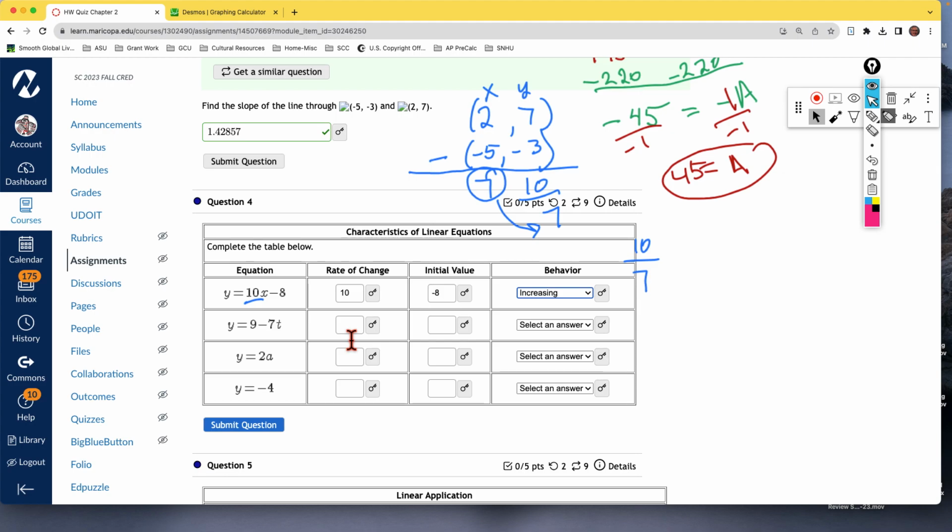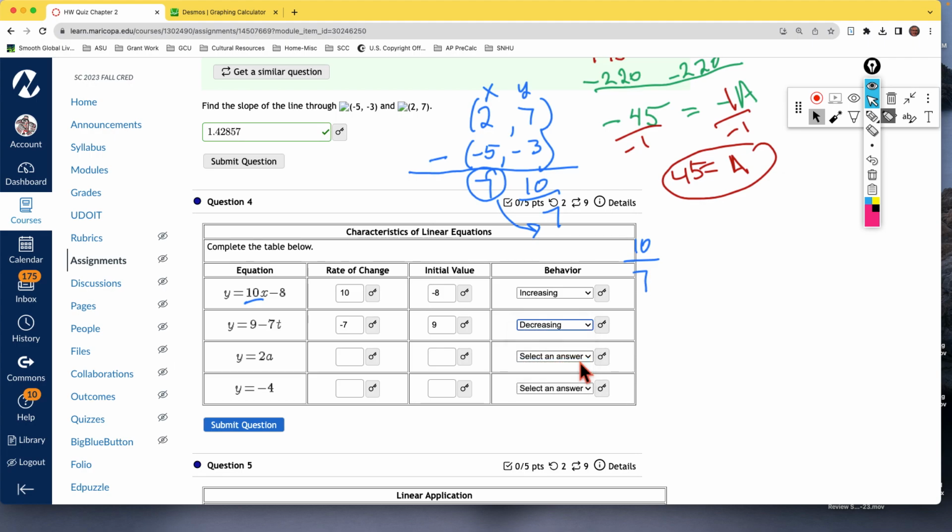So be careful, because oftentimes at the beginning people say it's always the first number. No, it's always the number in front of the variable. So -7. What's our initial value? That's the one without the variable. That would be 9. And is this increasing, decreasing, or something else? Decreasing, because the slope is negative.